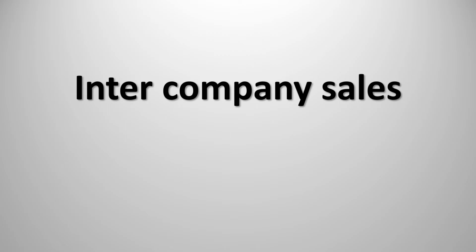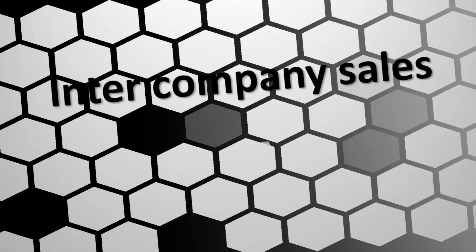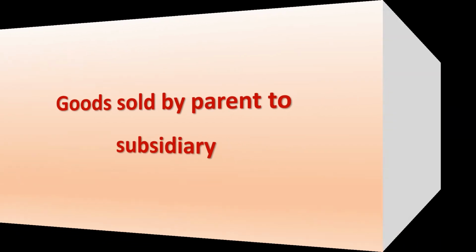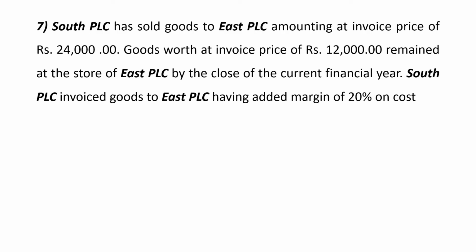Now, in the next adjustment onward, we are going to identify how we are going to treat intercompany sales. Goods sold by parent to subsidiary. Let's move into the next adjustment. It says South PLC has sold goods to East PLC.